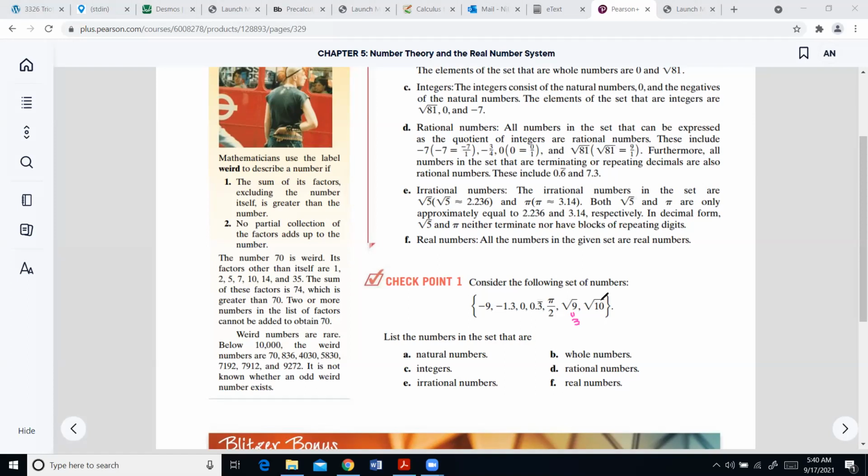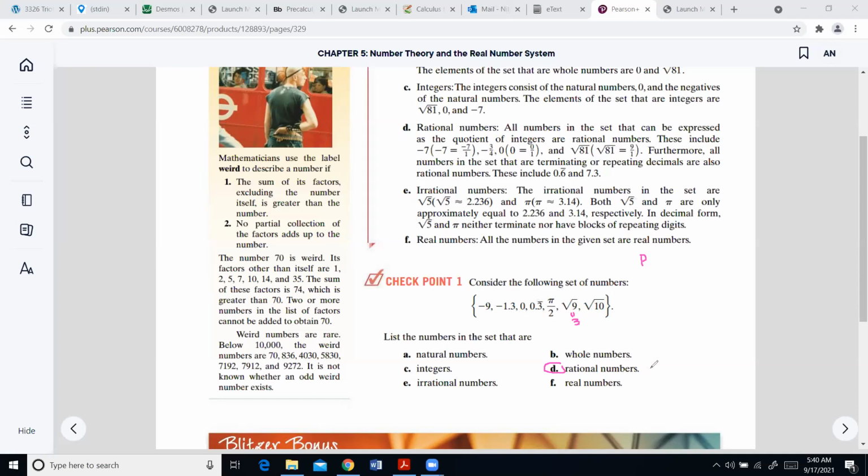So it turns out that I can say that my rational numbers, fractions, oh, it's right here, part D, rational numbers, are going to be all of these except for square root 10 and pi over 2, turns out.